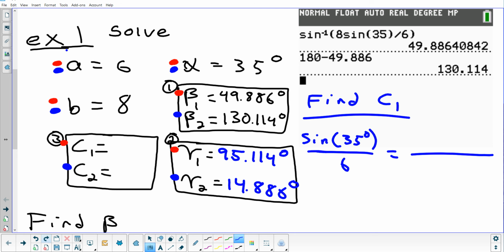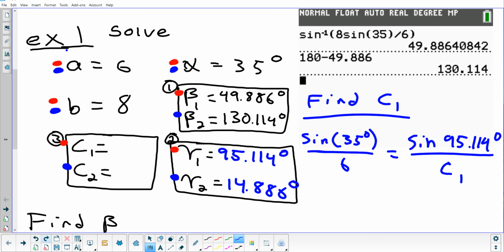So sine 35 over 6 equals, what's going to go on the other side? Sine 95.114 degrees, yep, over C1.